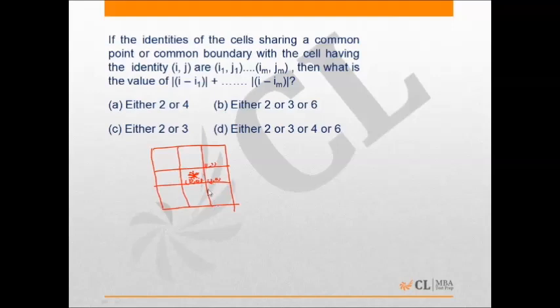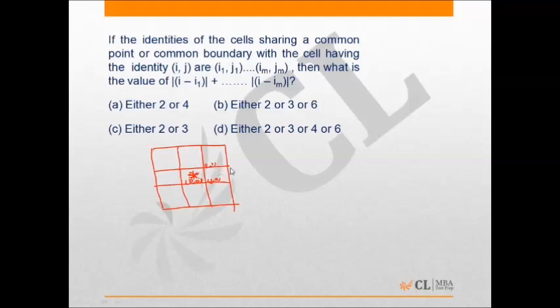Now I need to find the summation of mod of i minus i1, basically. So I do not need to bother about the y-axis here. I'll just see the x points. What are the x points of these cells, right?